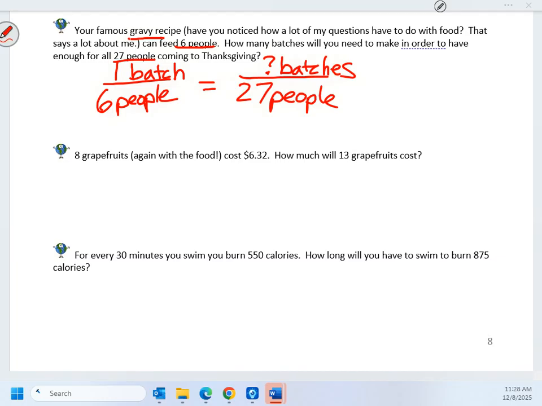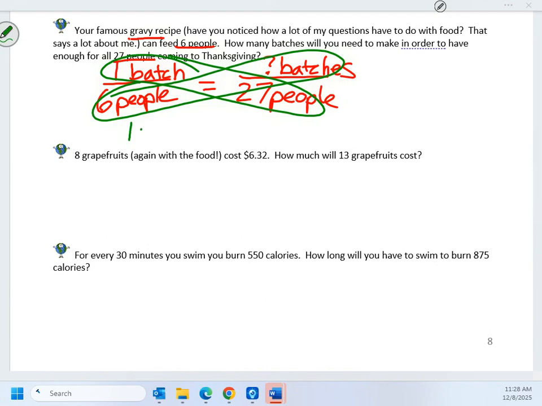As long as you keep the people with the people, the batches with the batches. Now we're going to do what we were doing up top. We're going to do that cross products. So we would have 1 times 27 equals 6, and I'm going to put an n in for the question mark. You could put whatever letter you want in for that question mark.